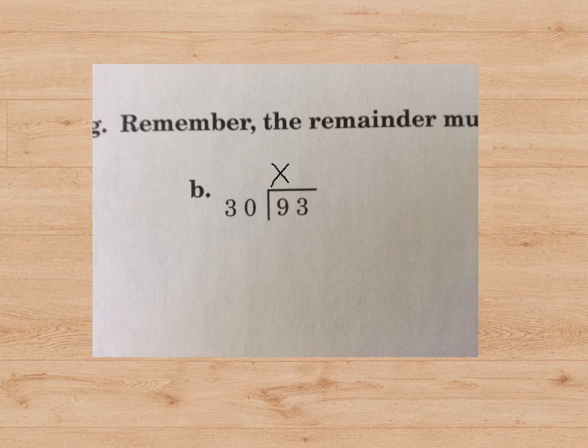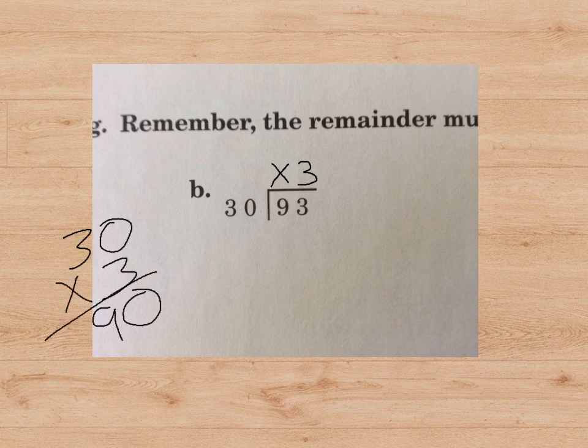Goes in 3 times. So now we need to do 30 times 3. 3 times 0 is 0. 3 times 3 is 9. We get 90.